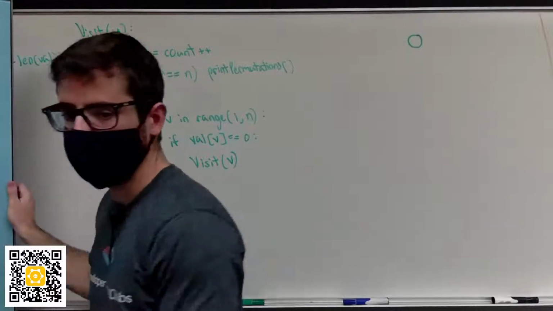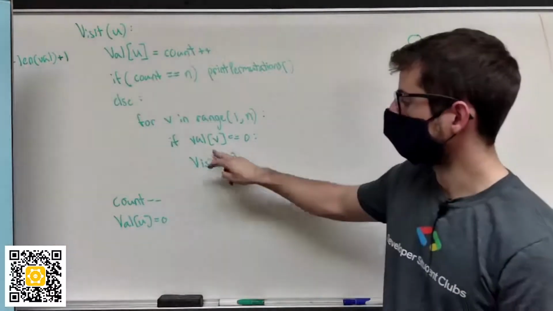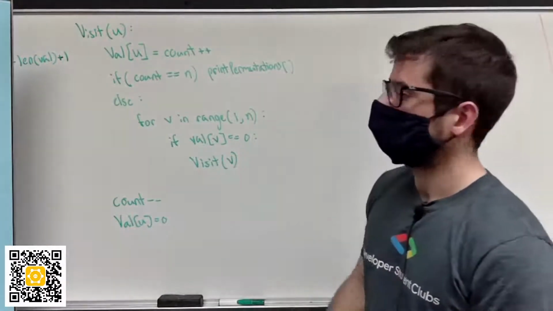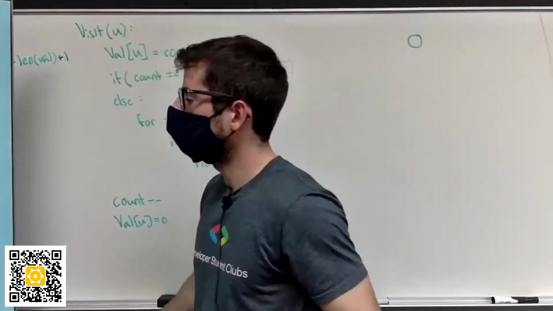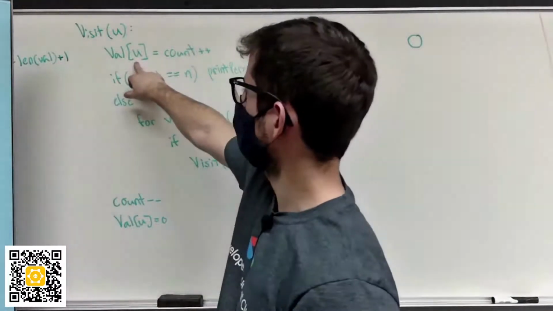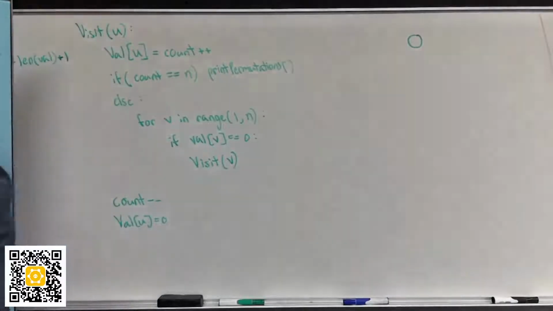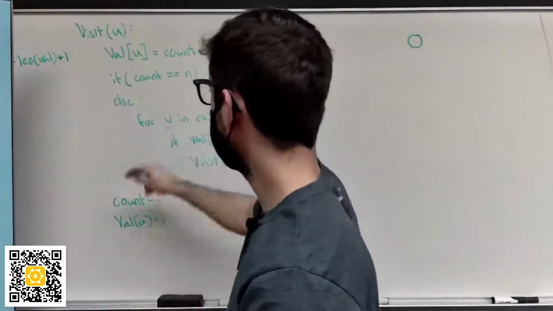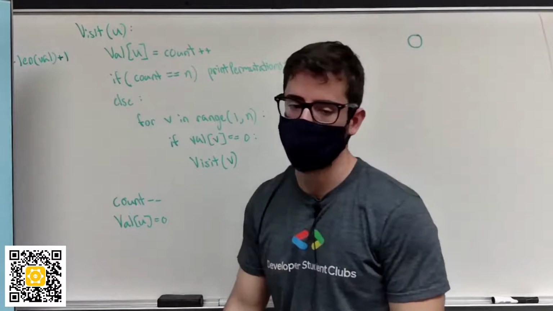We pass 3, because that's what v was before. So now u is 3, and at the third position, set it equal to count. Count is now 3. 1, 2, 3. And count is equal to n, so let's use permutations.